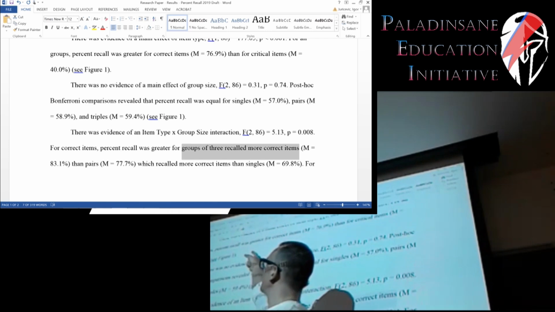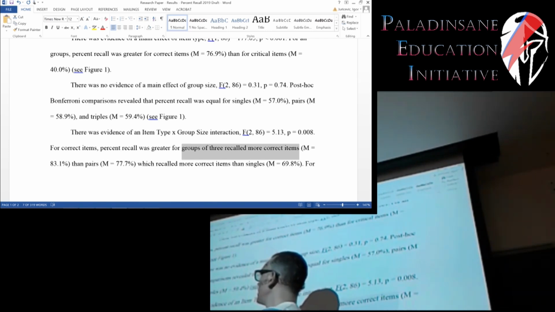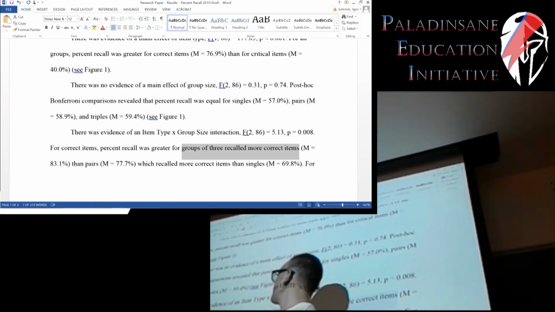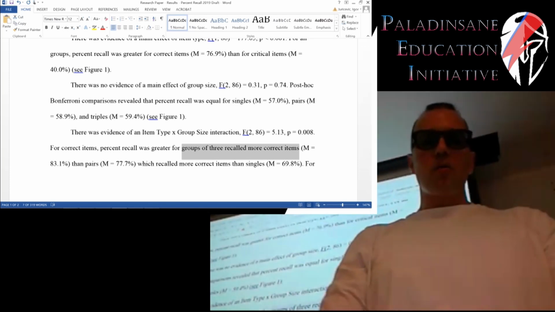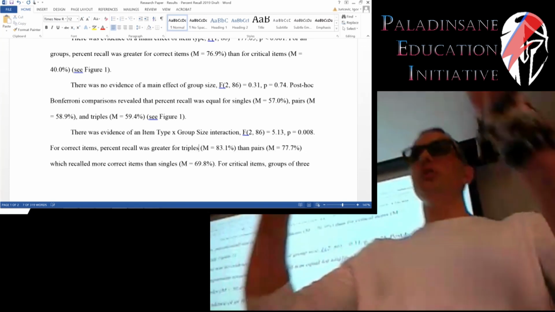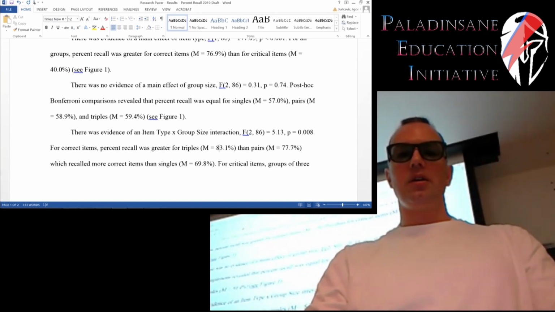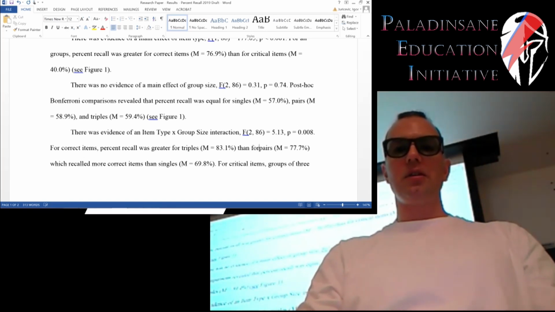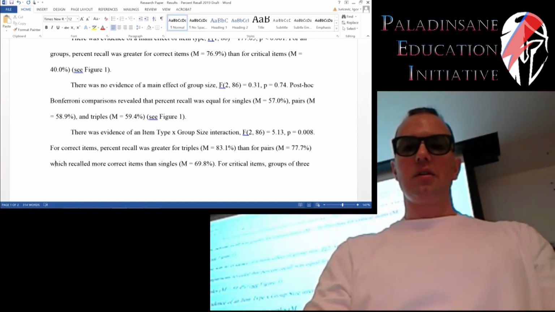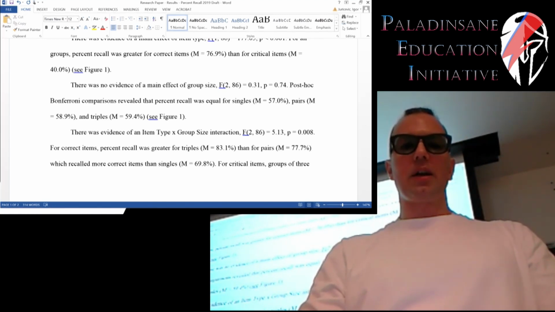I took the same thing that we had up here, percent recall was greater, and I just put it down here. For correct items, percent recall was greater for, we're calling these triples, so let's use that consistently, was greater for triples than for pairs, which were called more correct items than singles.